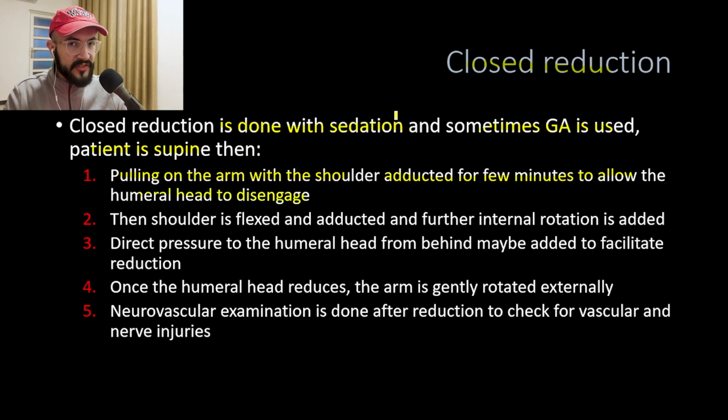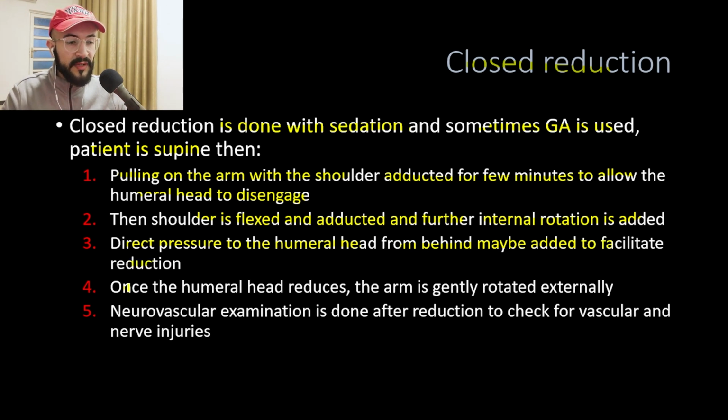So you put a traction on the patient's arm for a few minutes until the humeral head disengages, and then the shoulder is flexed and adducted, and further internal rotation is added, and direct pressure to the humeral head from behind may be added to facilitate reduction.